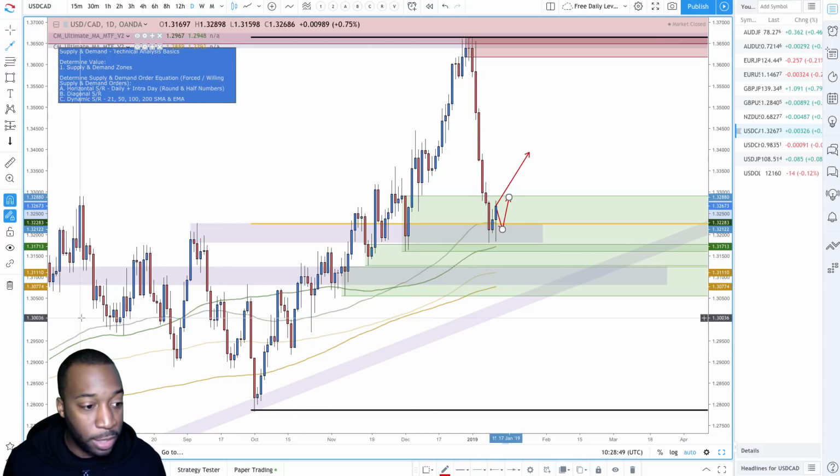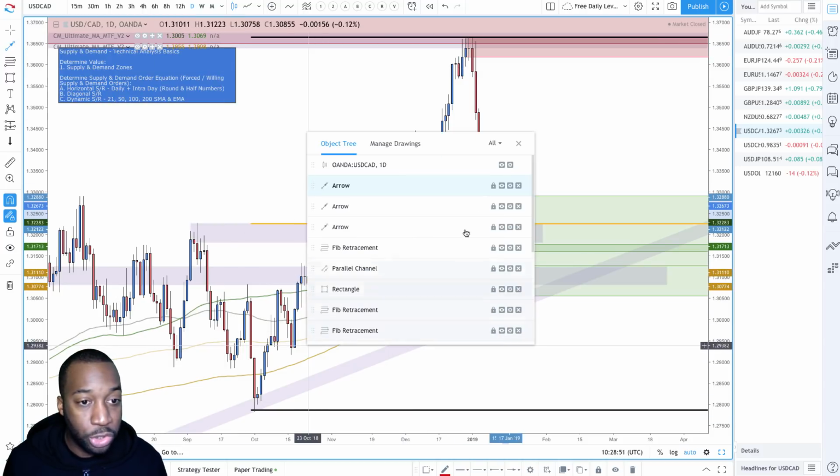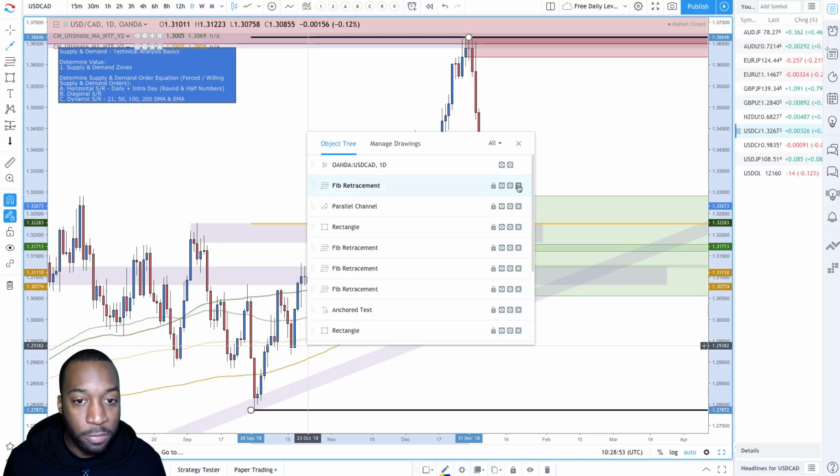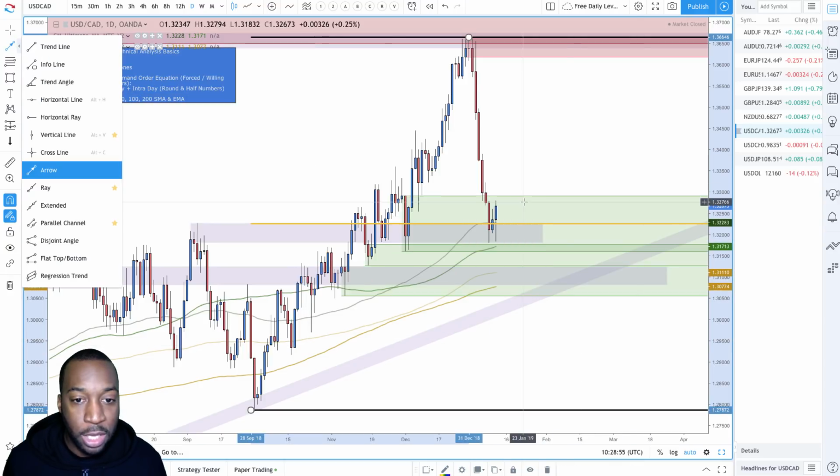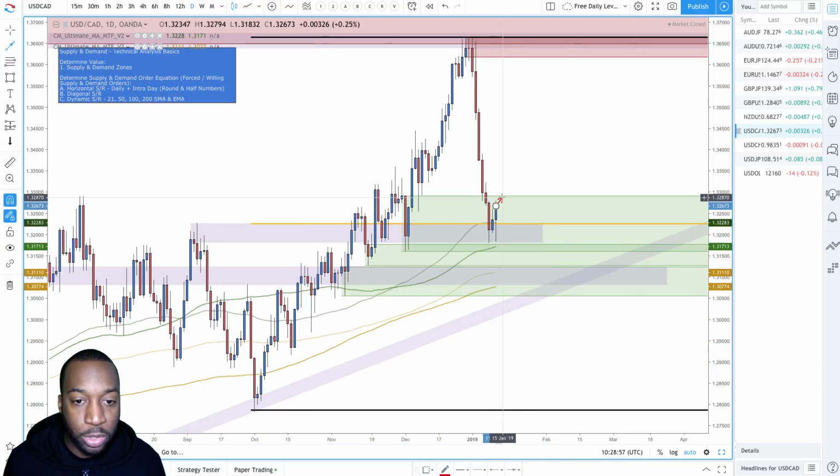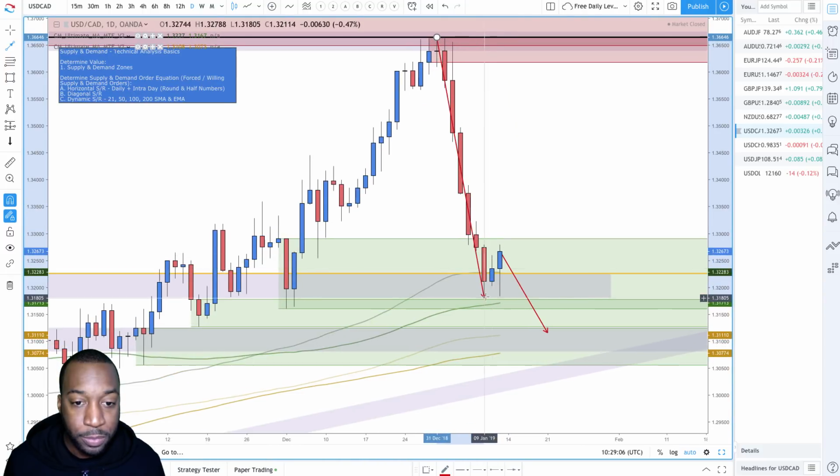So if you were looking at getting shorts, you'd have to again wait for the market to create a shorting opportunity. That would probably look like, probably for now, a move that does something like this. So we've made a move down, we move higher.